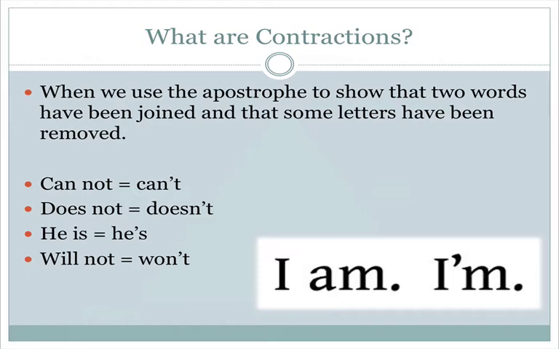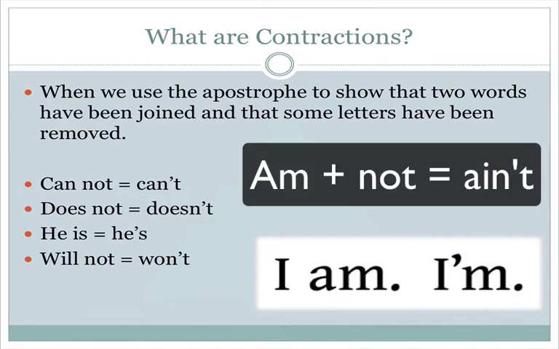Now the question always comes up around the word ain't, which is technically a contraction of the words am and not. So instead of saying, I am not going to do something, you might say, I ain't going to do something. It is a word that exists in our language, but it is exceptionally low on that formality scale.